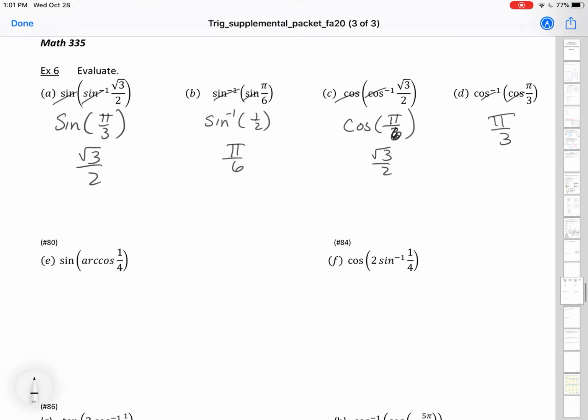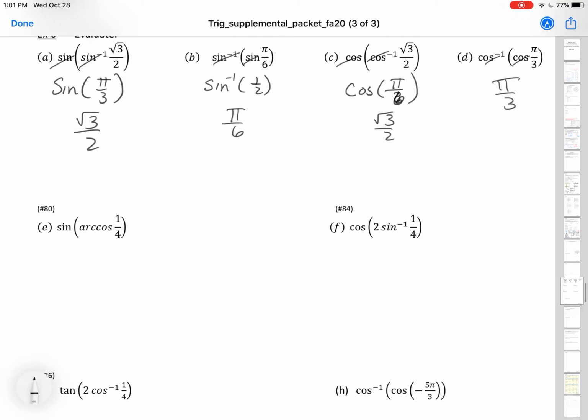Now what about something like this? Sine of arc cosine of 1/4. Well, we don't know whose cosine is 1/4, so I can't name the angle. So what do I have to do? Realize that arc cosine of 1/4 would be a first quadrant angle whose cosine, adjacent over hypotenuse, would be 1/4.